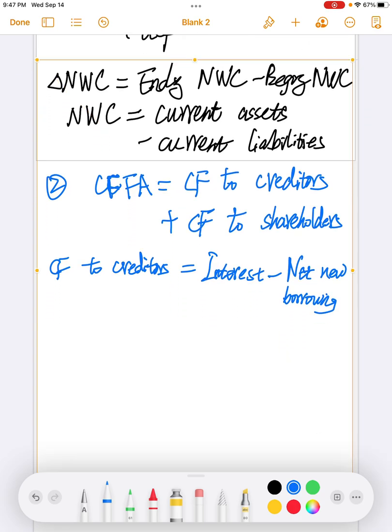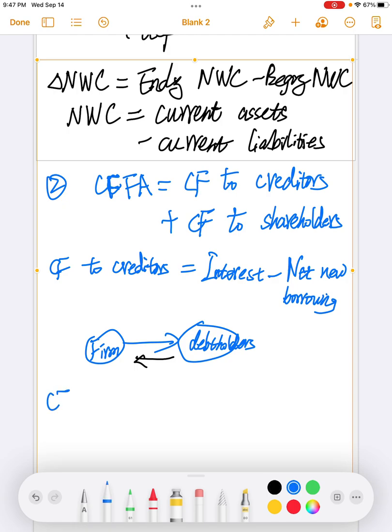If a firm pays some interest to the debt holders, it might also raise some new debt from them. In that case, we need to subtract the new debt the company raises from the interest paid to the debt holders, which is the net amount the debt holders would receive.